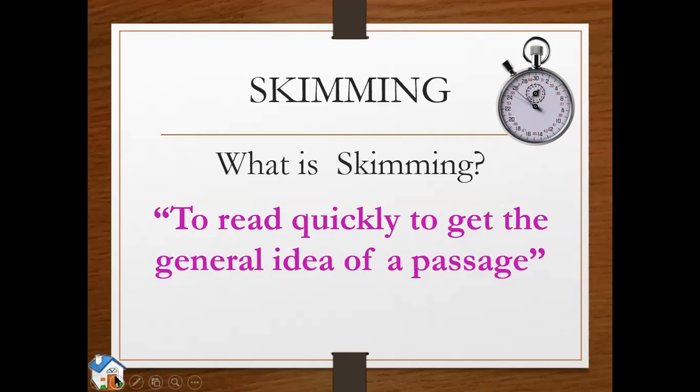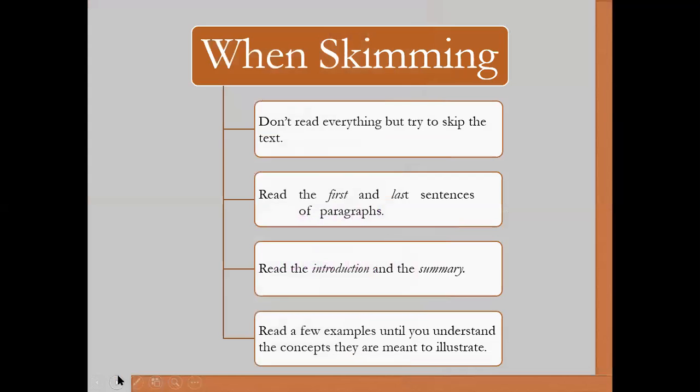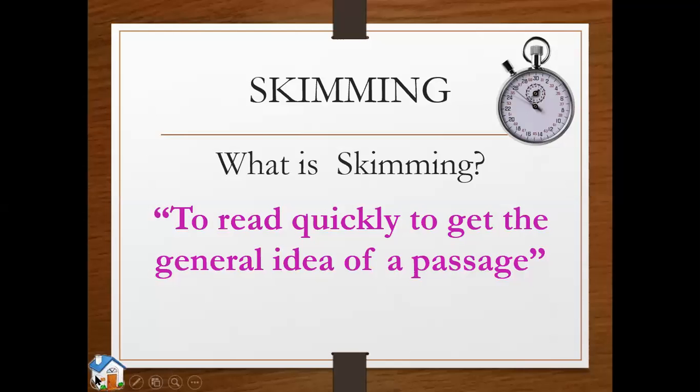So, the skimming technique helps you to read quickly to get the general idea of a passage. And how will you do that? What are the things that can help you to get the general idea? Skimming is for reading main ideas within the passage to get an overall impression of the content of a reading. So, what should be the first thing that you see? By the way, what should be the first thing that you should see when you are skimming?